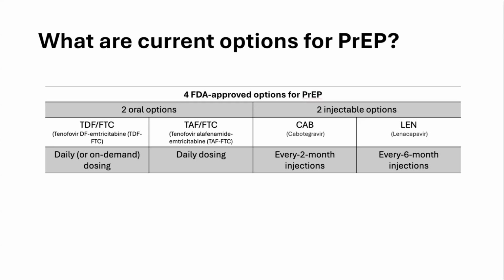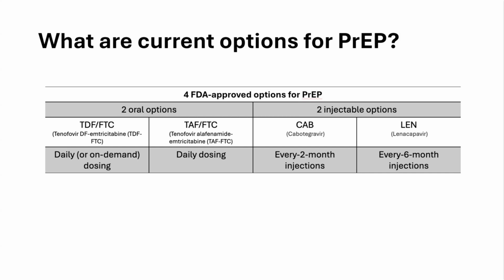So these can be taken in different ways. So TDF-FTC is prescribed in general to be taken daily, 1 pill once a day. However, in some populations, there's evidence showing that taking it in a quote-unquote on-demand fashion, or just when needed, can be effective.